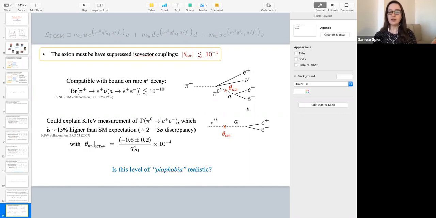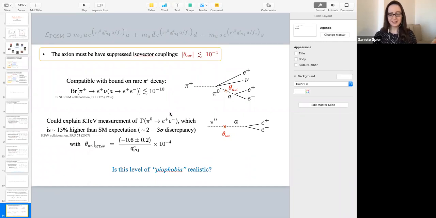And they looked for resonances in the invariant mass of this additional e+ e- pair. They didn't find anything. They only placed limits on this particular final state. So this branching ratio should be less than of order 10 to the minus 10. And that translates into this limit that I mentioned on the axion-pion mixing.